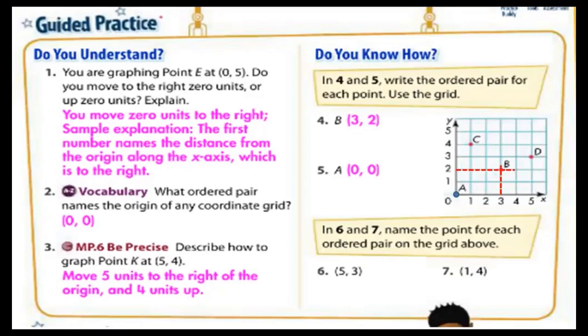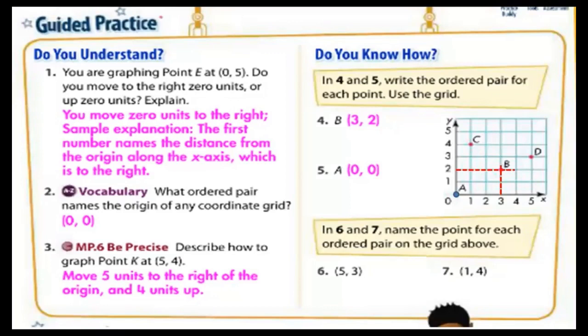Now it is the opposite. In the first one, he gives you the point and you get the ordered pair. In this one, he gives you the ordered pair and you have to name the point, according to the ordered pair.